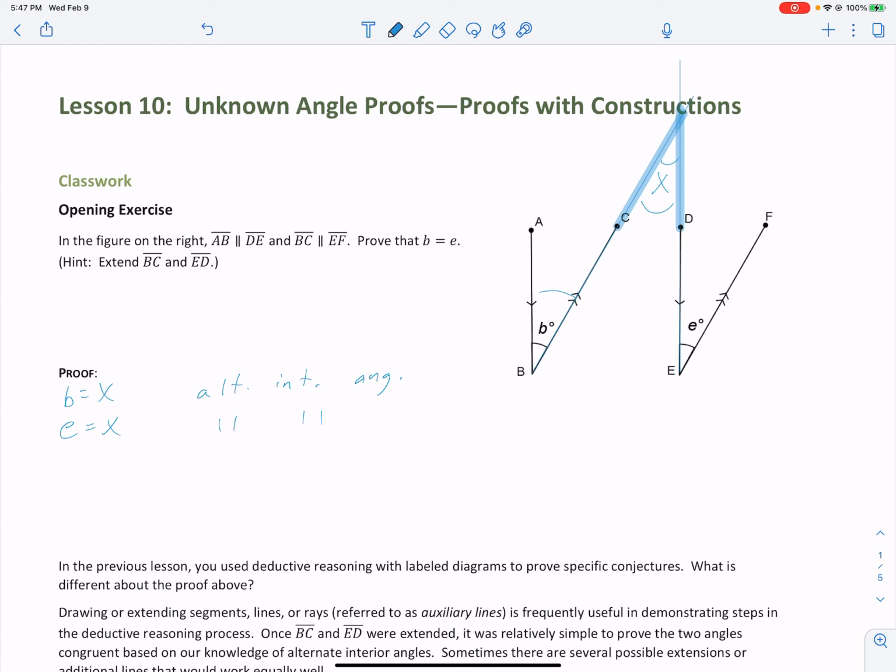Now, here's what's cool about this. There's something called the transitive property, which is what Ms. Tragle was talking about before.